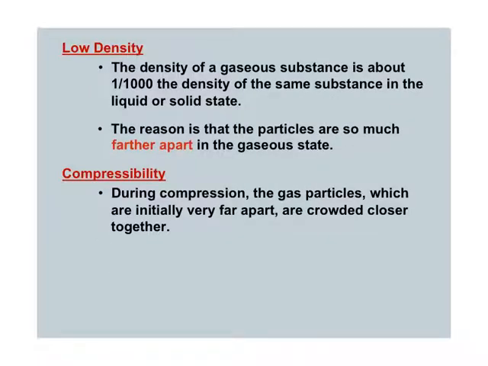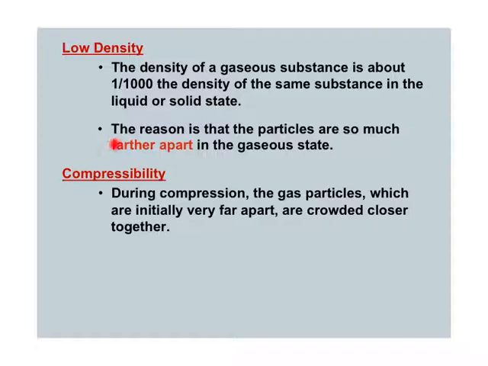All gases have a very low density. The density of the gas is about 1/1000 of the density of the liquid or solid state. So when you're in the gas state, the gas is much more likely to sit on top of the liquid or the solid, which you could pretty much assume anyway. Gases generally rise.